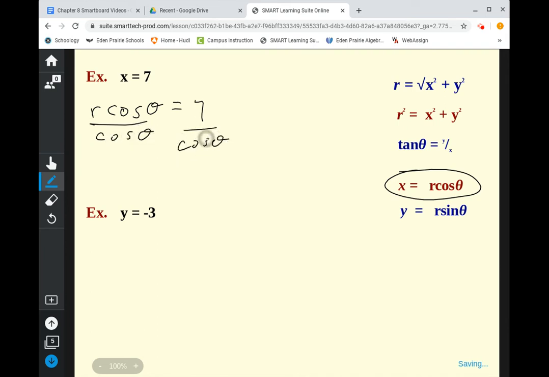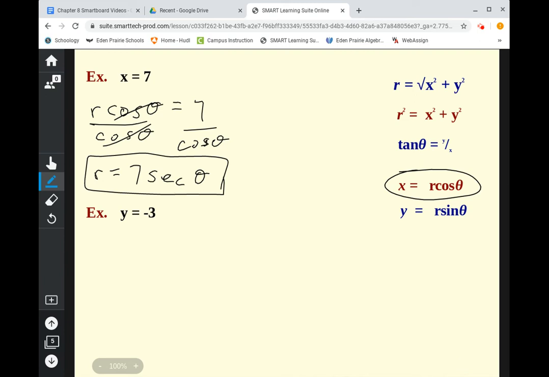And then remember your rules, don't have fractions. That's gone. R will equal, with no fractions, we know that 7 over the cosine of theta is the same thing as 7 secant of theta. Final answer. That one little rectangular problem went to polar form.